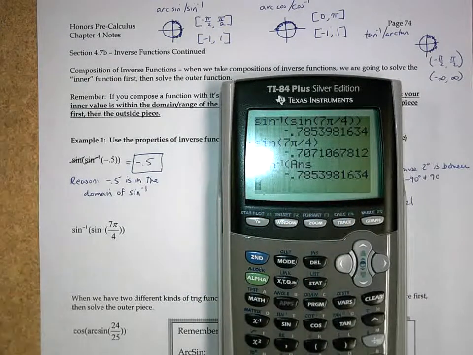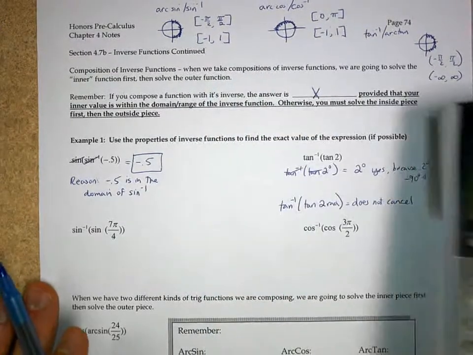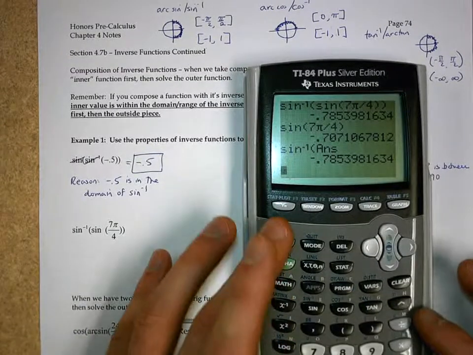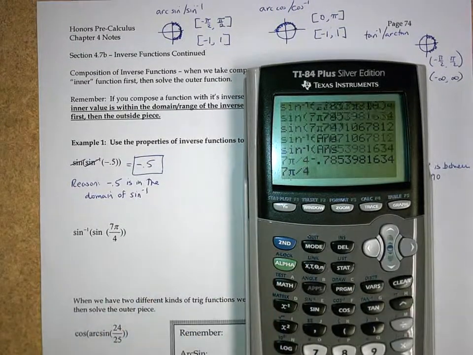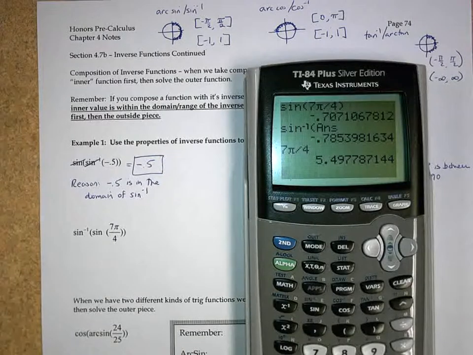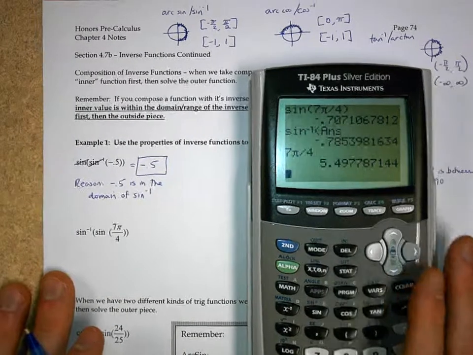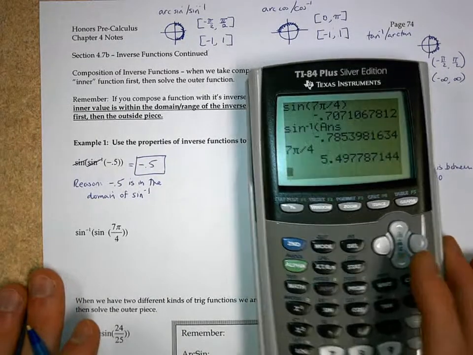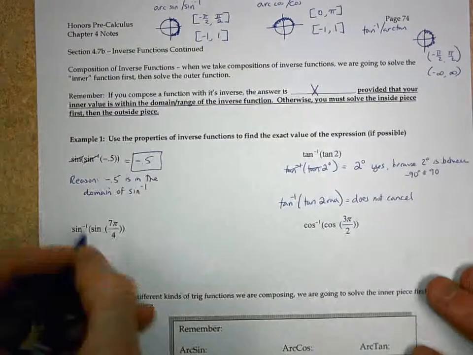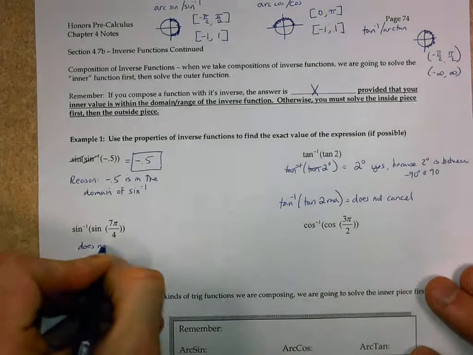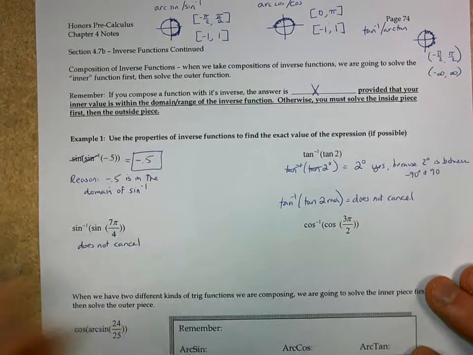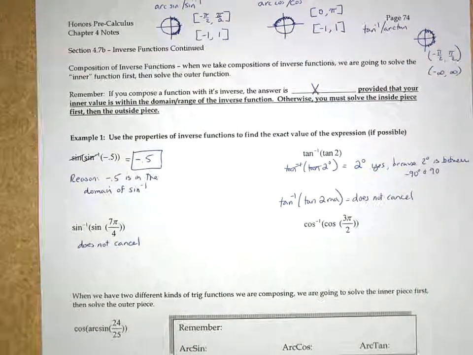I end up with the negative 0.78. They are not identical. And if I were to make my original 7 pi over 4 into a decimal, you can see 7 pi over 4 is definitely not those negative 0.70 or 0.78 values. So this one does not cancel.